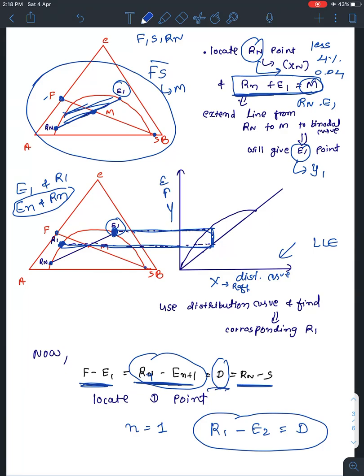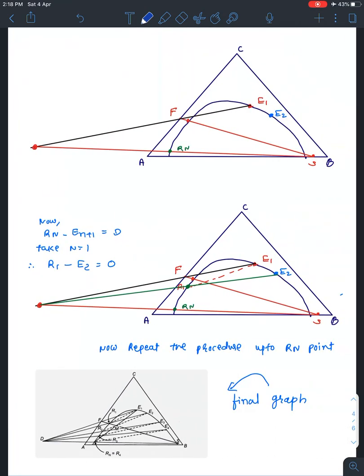Then we can find out what this En plus 1 point is. Okay, so now let's focus on this D point, which is again important. I'll write this equation again: F minus E1 is equal to Rn minus S, which is equal to Rn minus En plus 1, which is equal to D.